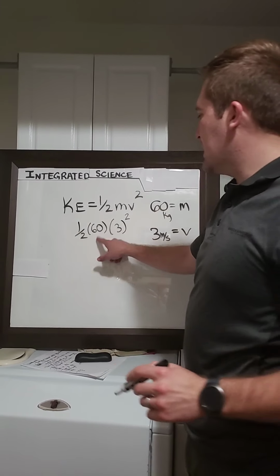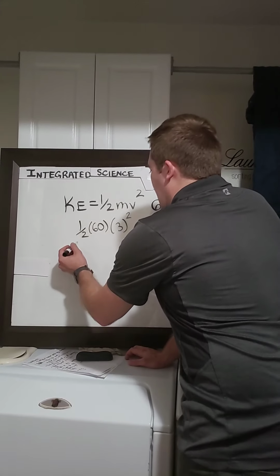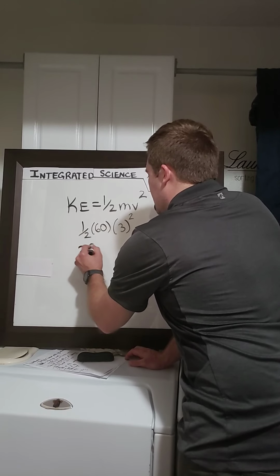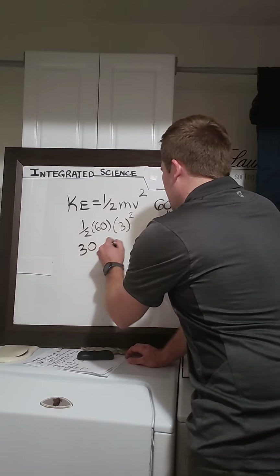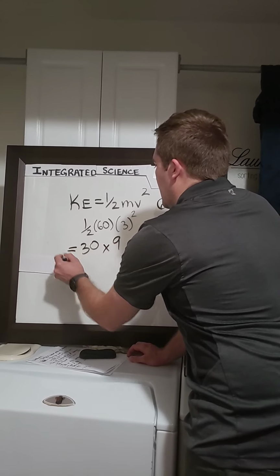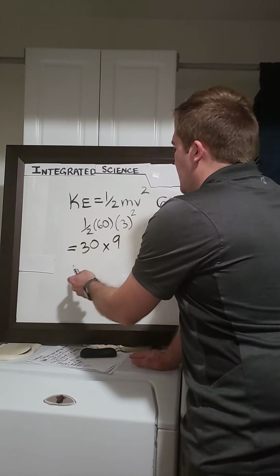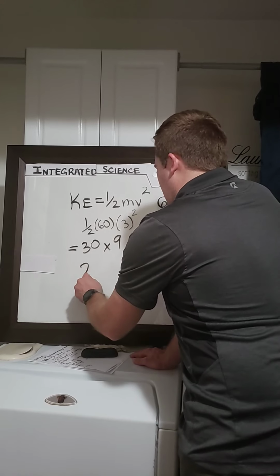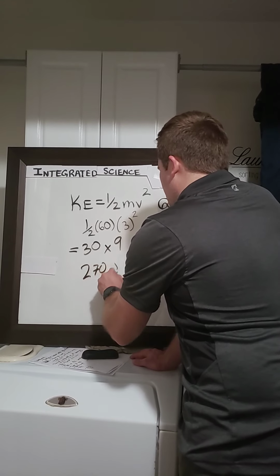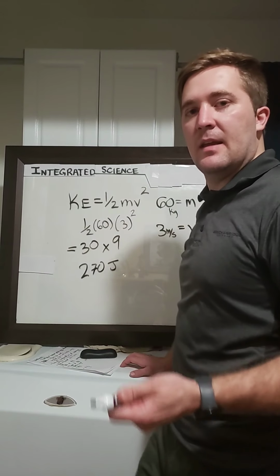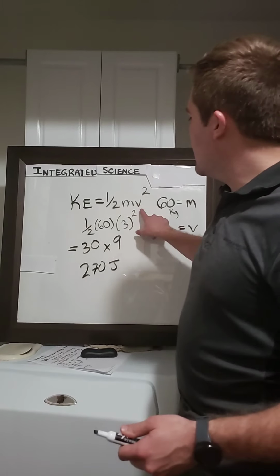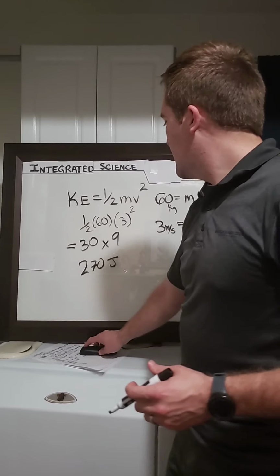Half of 60 would be 30, and 3 squared is saying 3 times 3, which equals 9. So 30 times 9 equals 270 joules. Make sure you have your unit for joules because it's energy, kinetic energy. Kinetic energy involves motion. Remember that.